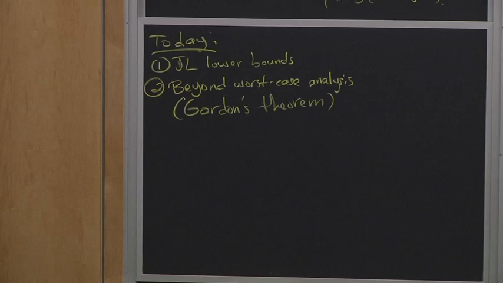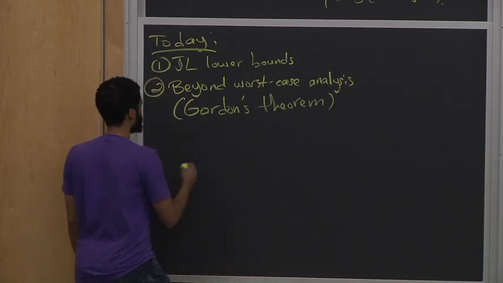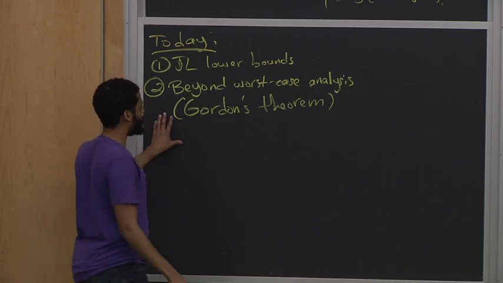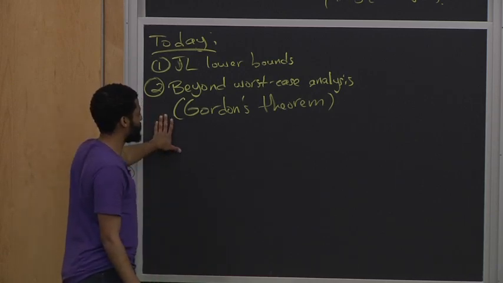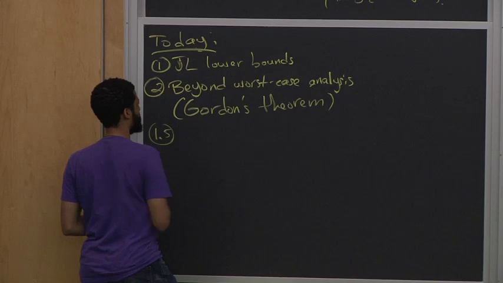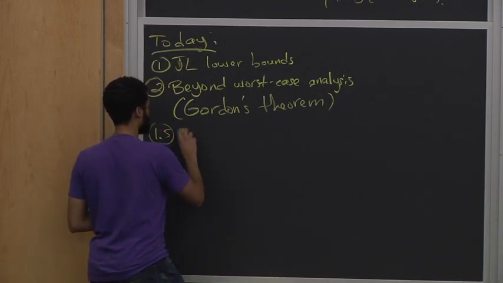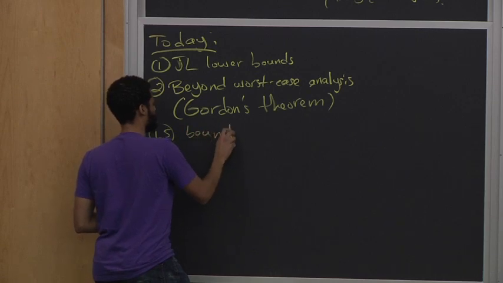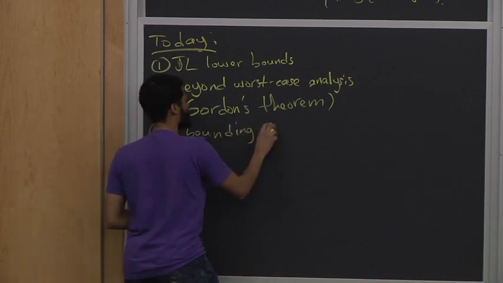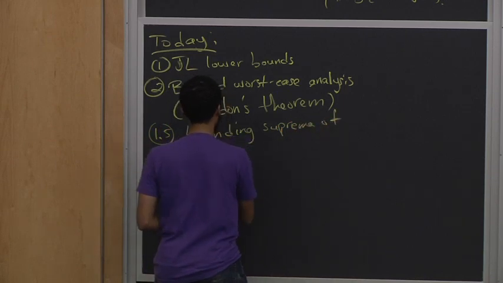So I want to talk about these two things and, in order to appreciate Gordon's theorem, I'm going to spend a little time. So let's call it 1.5, which actually goes a little bit before Gordon. I'll say something about bounding suprema of Gaussian processes.